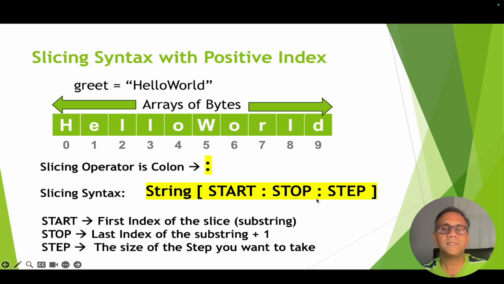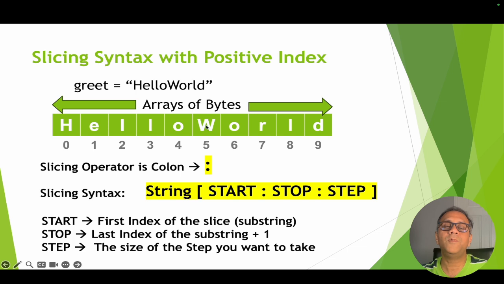Step is the size of the step you want to take. Very interesting. For example, in world, we are trying to get each of the letters here. So we are taking one step at a time to get each of the elements. That's why our step will be 1 here. But for example, you do not want each of the letters. Instead you want to get W, R, and D. Then how many steps will you take?